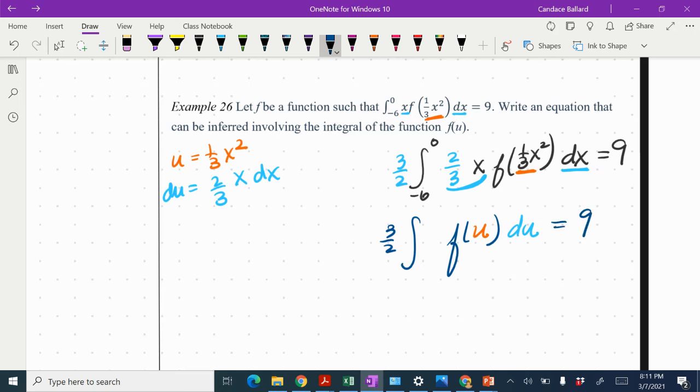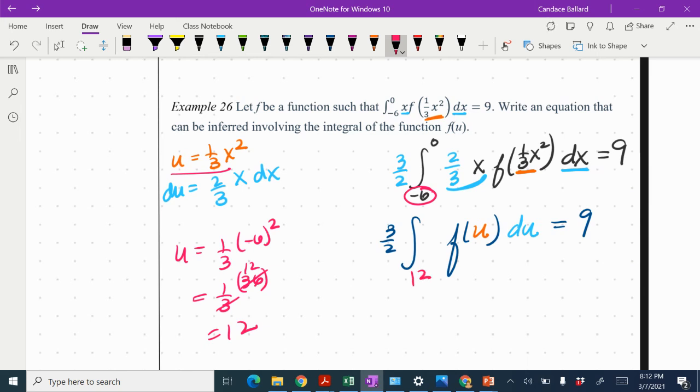All right, now we need to rewrite our bounds. So I've got -6, I'm going to plug it into u. So u equals 1/3 times -6 squared. Well, -6 squared is 36. And 3 goes into 36 12 times. So it looks like I get a 12 in the lower bound. And then we're going to put a 0.